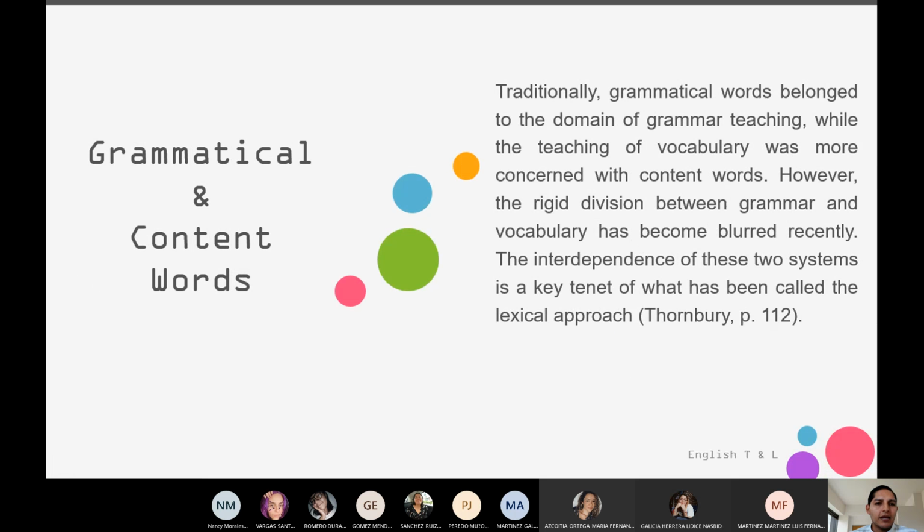Now, regarding these grammatical words and content words, traditionally, those grammatical words were related to grammar teaching. The teaching of vocabulary was more concerned with content words, such as nouns or verbs. But this division between grammar and vocabulary has evolved.